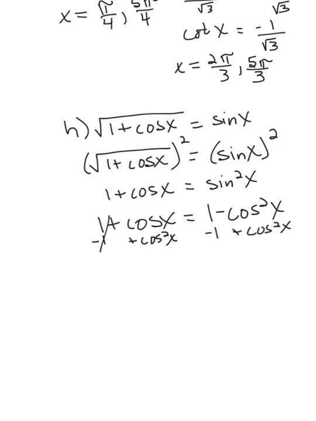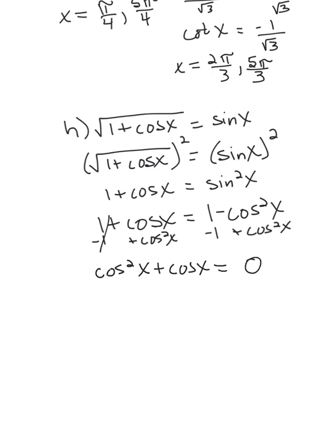Cosine of x and cosine squared of x are not like terms. This means we have to leave them as separate terms. So the left side will now become cosine squared x plus cosine x equals 0.